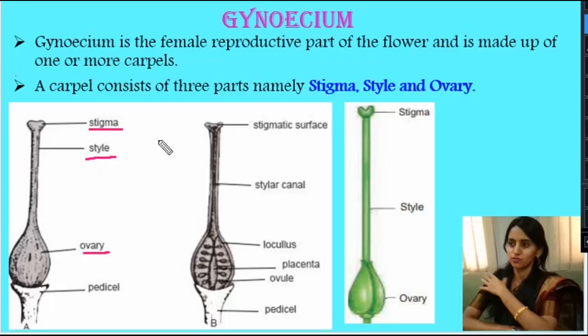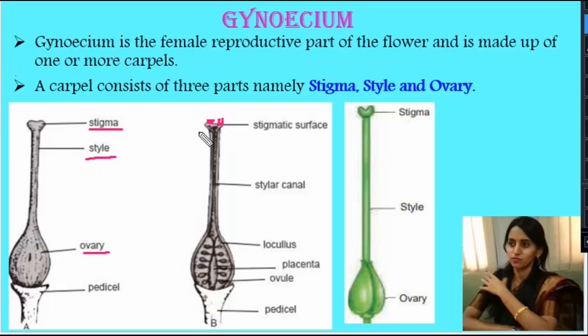Then, what is stigma? The tip of the style is known as stigma. It serves as a landing platform for pollen grains. When the pollen grains are transferred, they come and sit on this surface. So this is stigma. Then what is style?